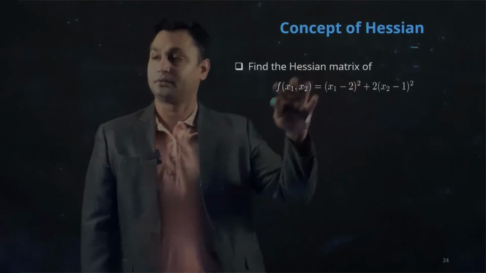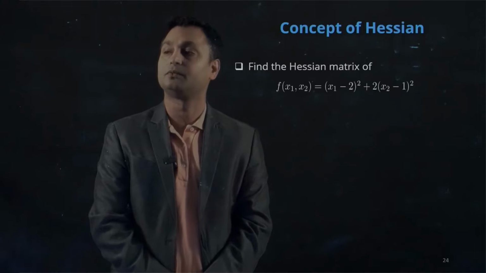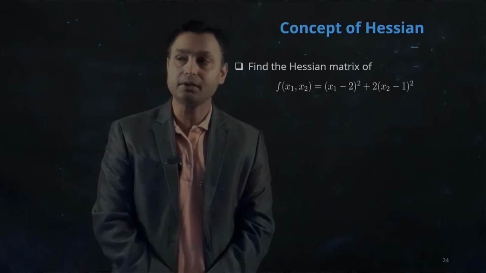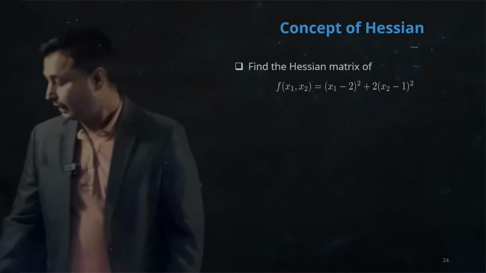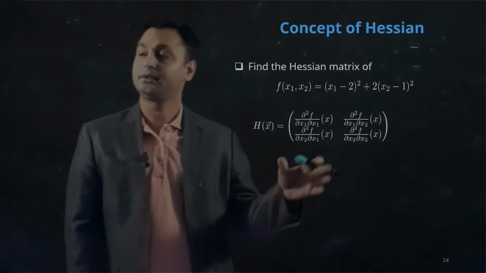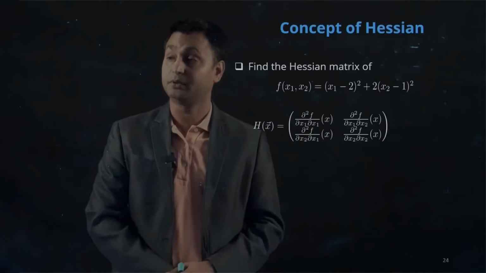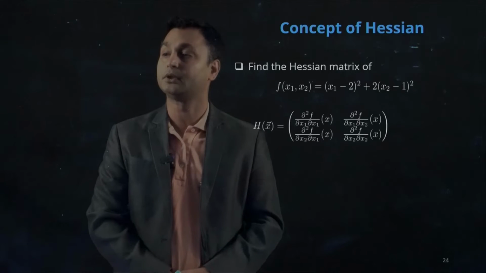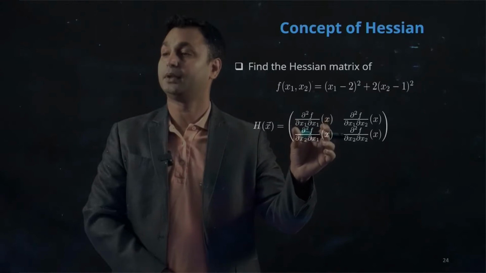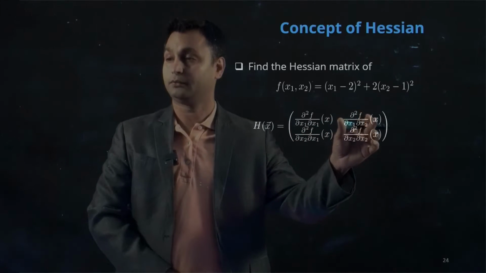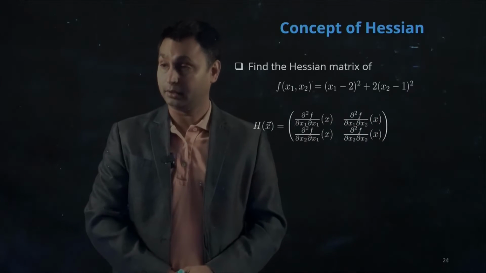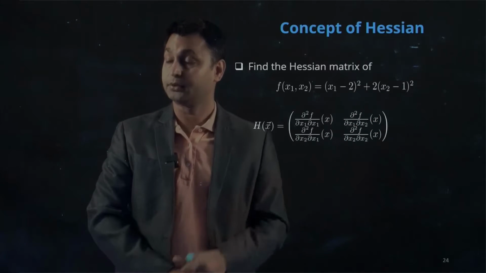If we have this function f(x), which is a function of x1 and x2, I can create a Hessian, and it will have essentially 4 elements: del squared f divided by del x1 squared, del squared f divided by del x1 del x2, and so on, as listed here.